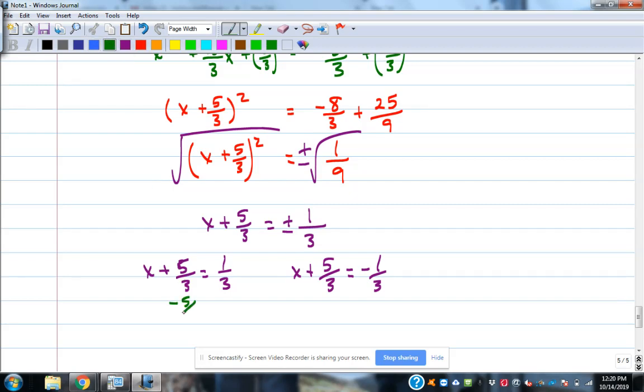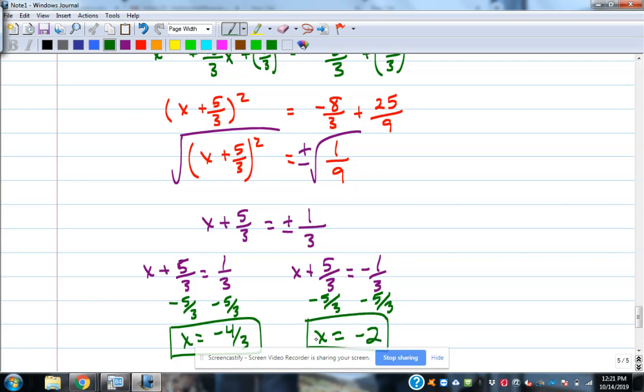Subtract. Negative 4/3. Negative 6/3, which is negative 2. Works out nice on that.